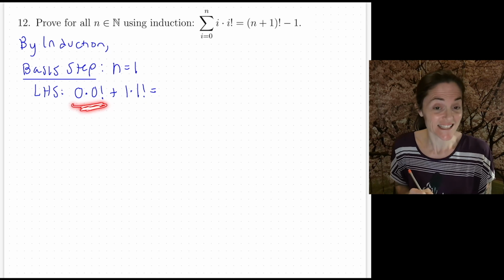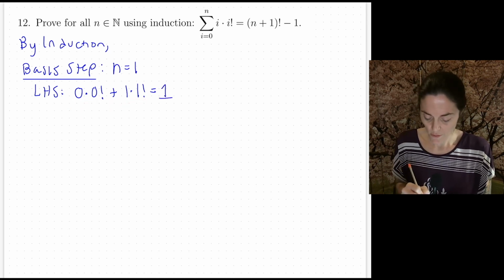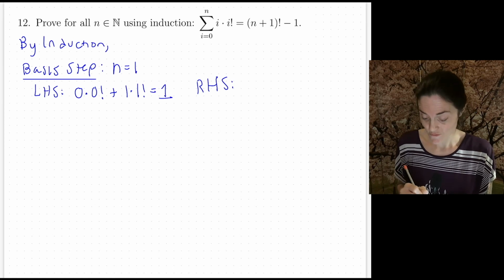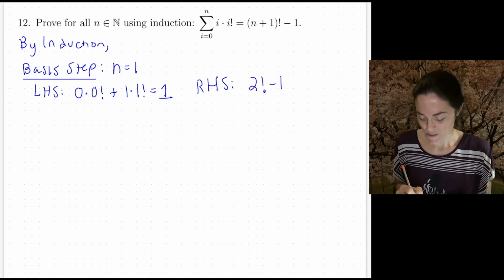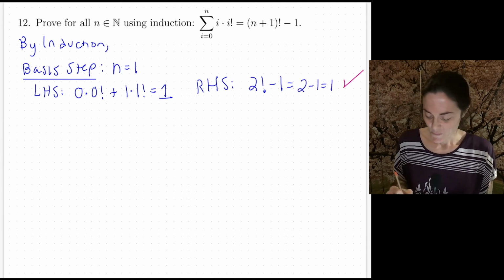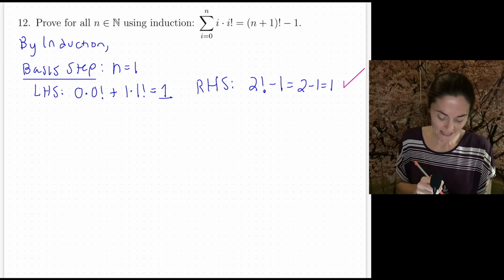But the first part is 0, so we get 1 times 1 factorial, which is 1. The right-hand side is 2 factorial minus 1. 2 factorial is 2, so we get 2 minus 1, which is 1. The left-hand side equals the right-hand side. They are both 1, and so our basis step is complete.